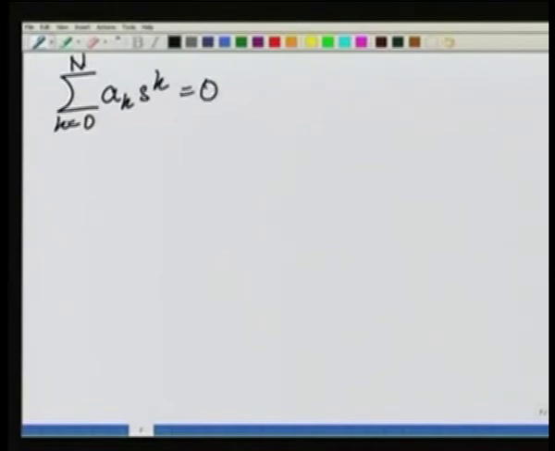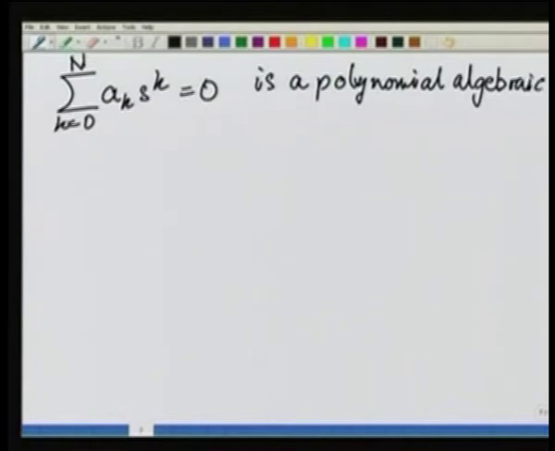This is just an algebraic equation, and it is a polynomial equation of degree n.